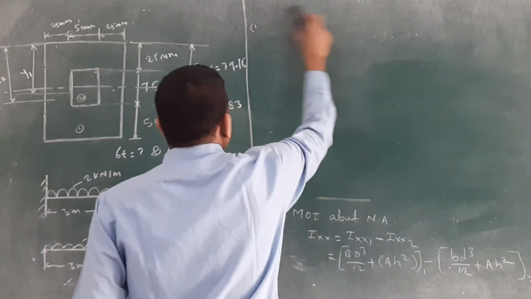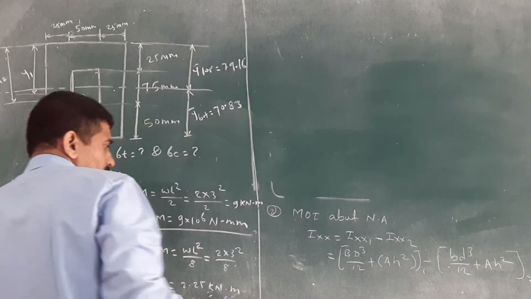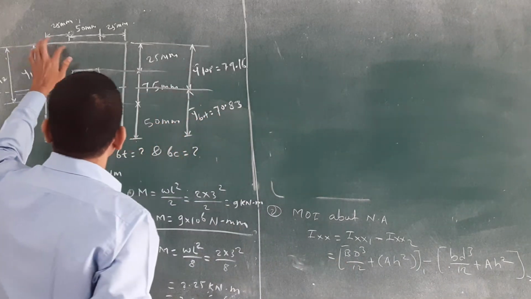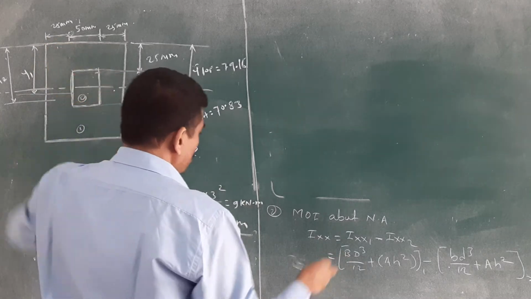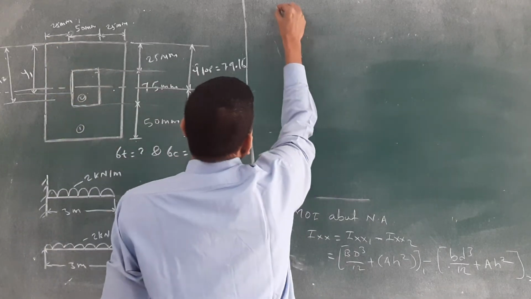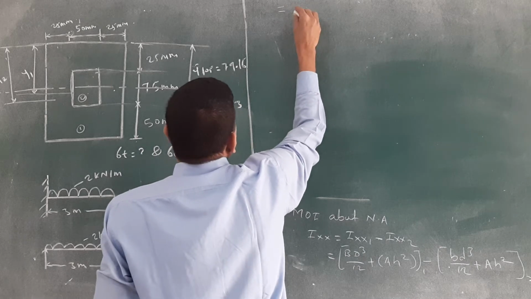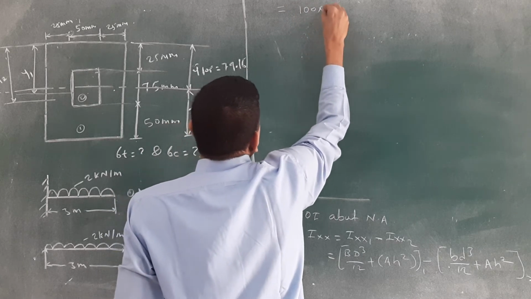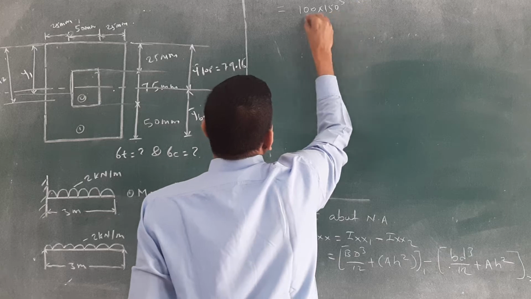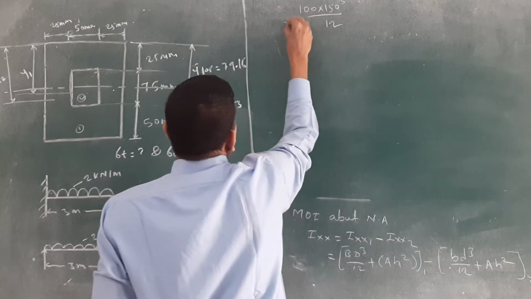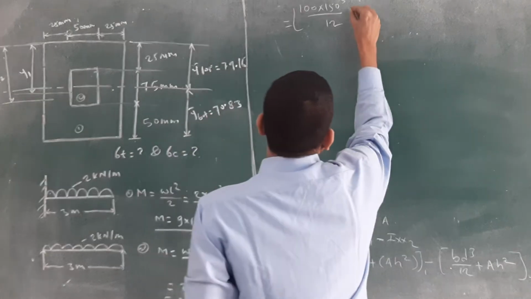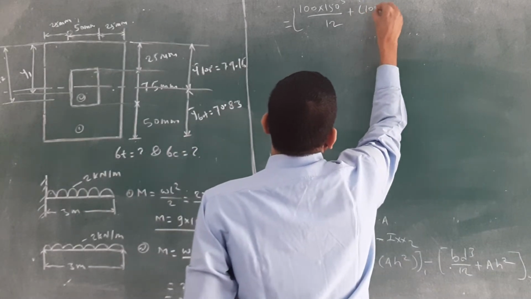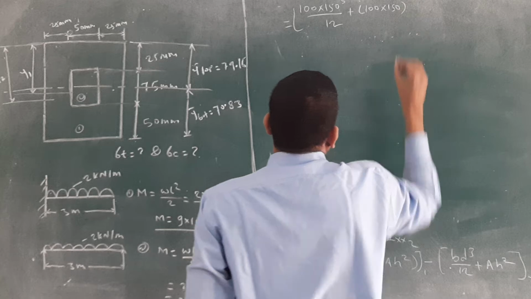Yes, you have to put these values. What is B? B of this bigger component is 100 and D is 150. So it is equal to 100 into 150 cube divided by 12, then plus the area, again the same 100 into 150.